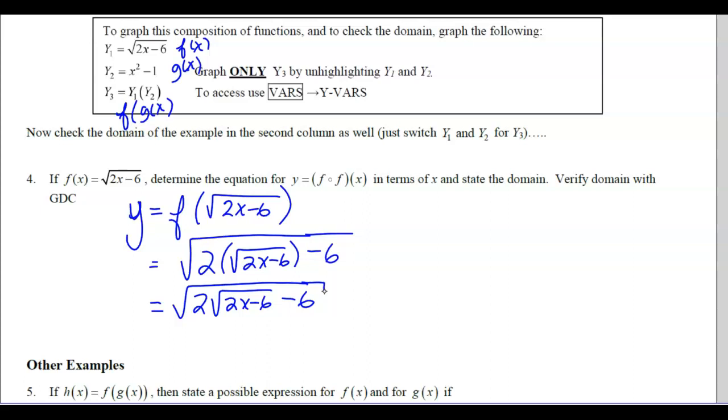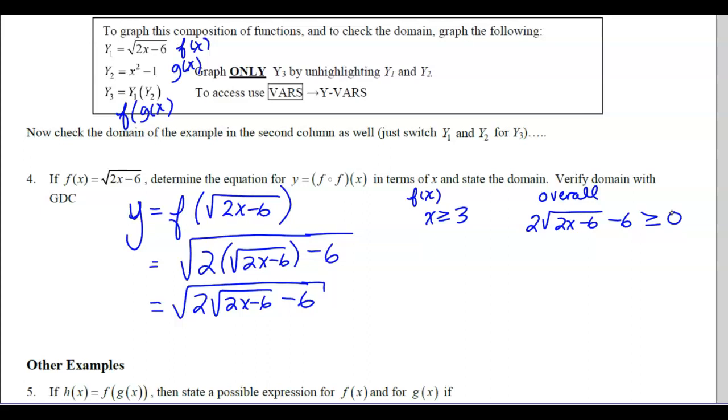So, remember my little hint there? You look at the inside function, which is f of x, what's the domain? Well, that's going to be x greater than or equal to 3. And then you look at the overall, and you see where they overlap. So the overall is that whole thing. 2 root 2x minus 6 has to be greater than or equal to 0.